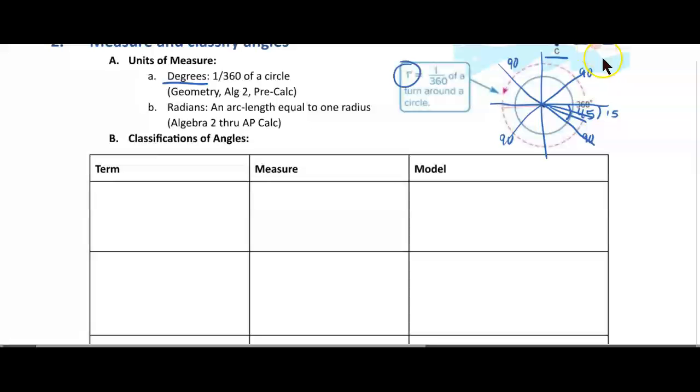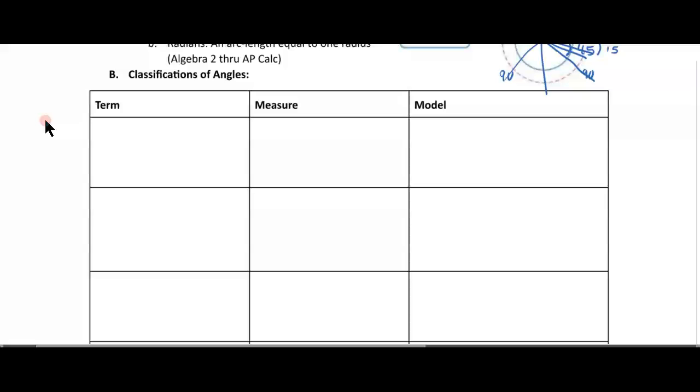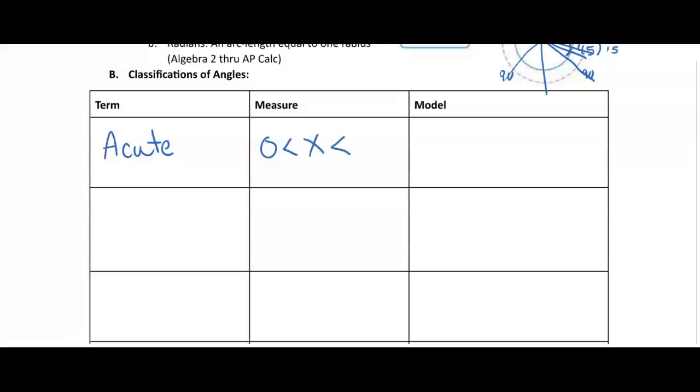And then we classify our angles based on the number of degrees it has. So the first one you're probably very familiar with. These are acute angles. And an acute angle has a measure greater than 0, but less than 90.